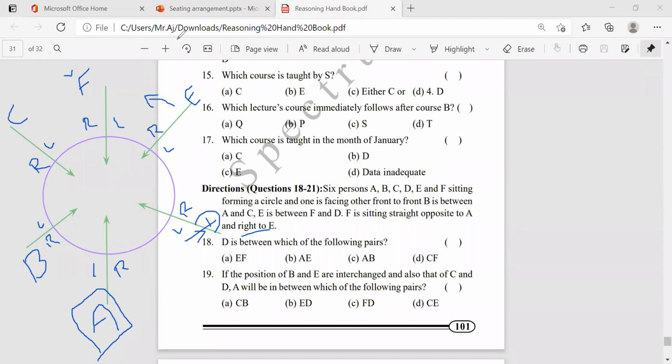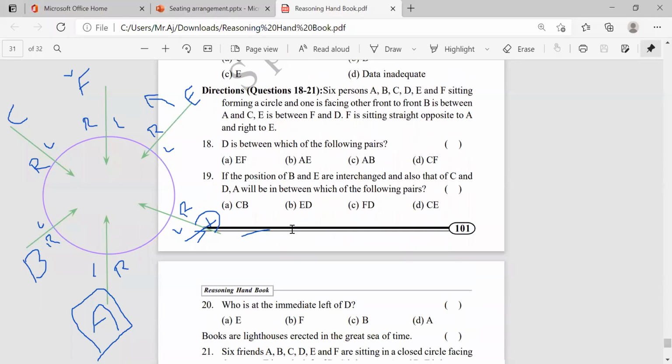What's the second question? If the positions of B and E are interchanged, and also that of C and D are interchanged, A will be between which of the following pairs? See, interesting question, right? First of all, where is the position of B?